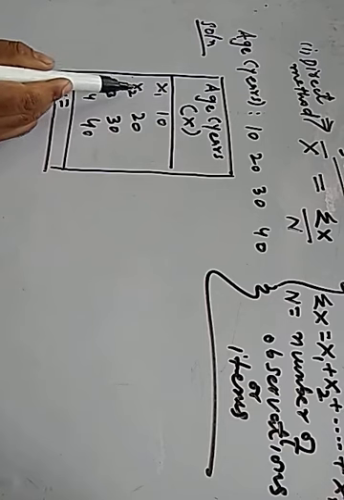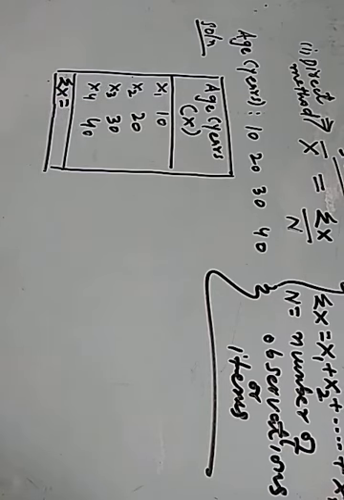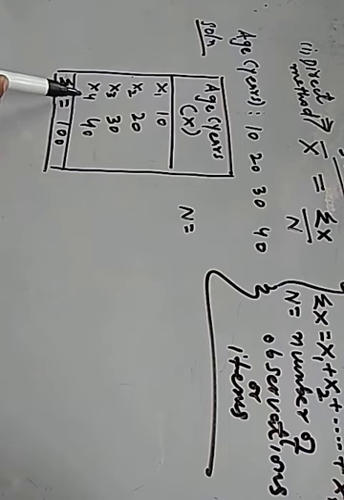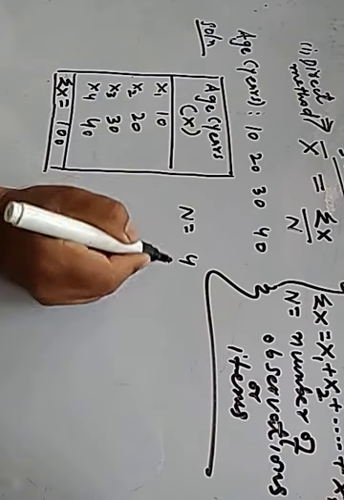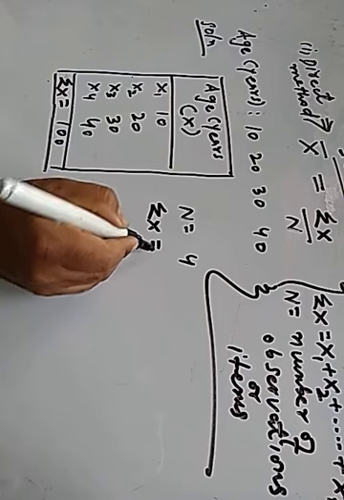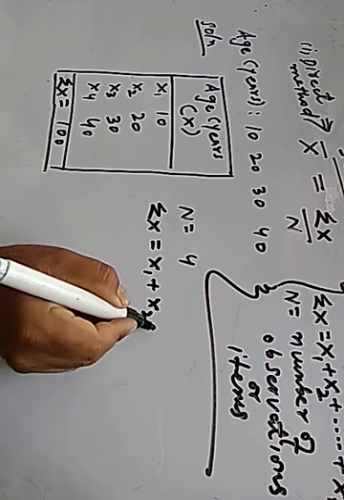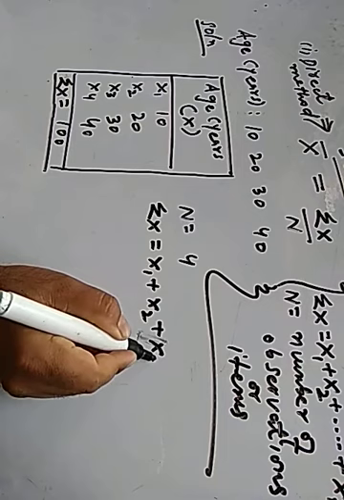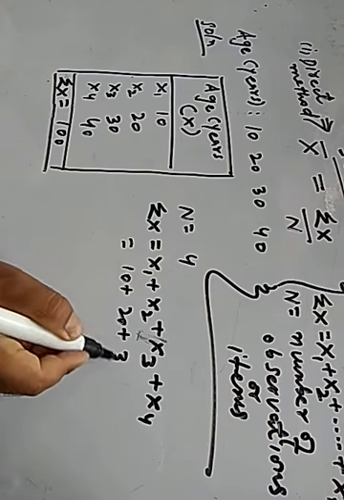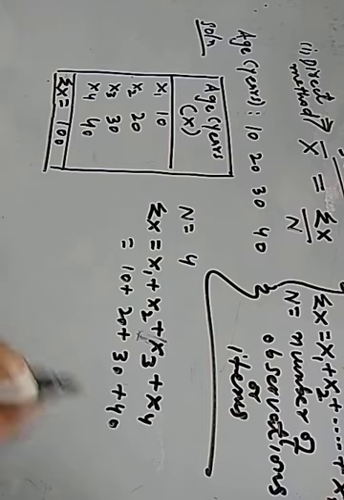We have 4 values here, that is x1 plus x2 plus x3 plus x4, and it is equal to 10 plus 20 plus 30 plus 40, and it is equal to 100. Now n is equal to 4.